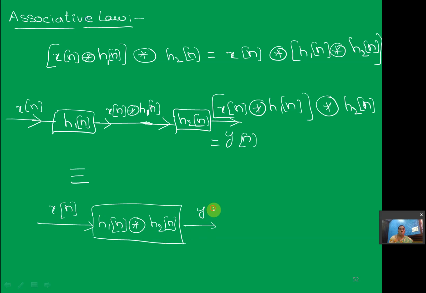You get the output as x(n) convolved with the convolution of all the system responses. So this is the answer. By using the associative law, there is no need to calculate step by step; you just convolve all these.